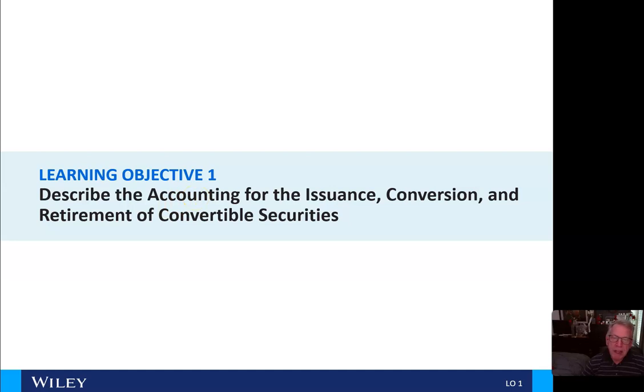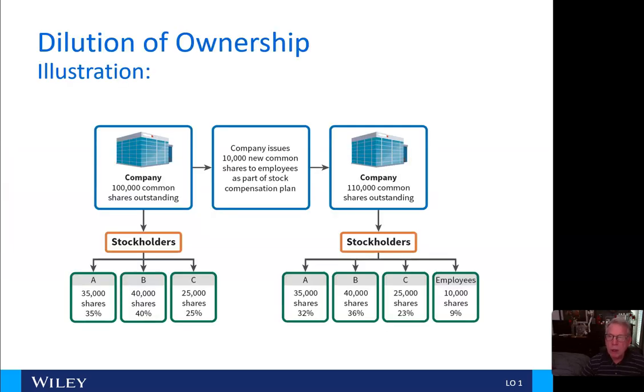We're going to describe accounting for the issuance, conversion, and retirement of convertible securities. So if we look at this little illustration here, we have a company with 100,000 common shares outstanding. And we have three stockholders that own 35%, 40%, and 25% of that 100,000 shares.